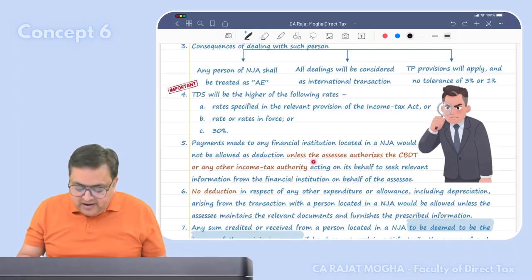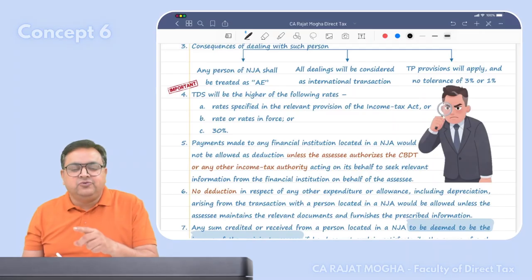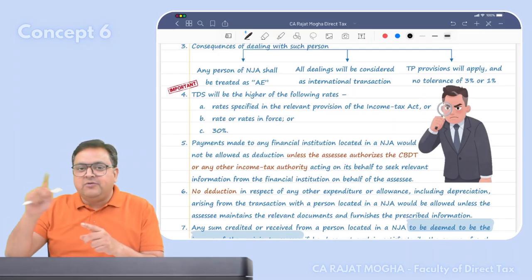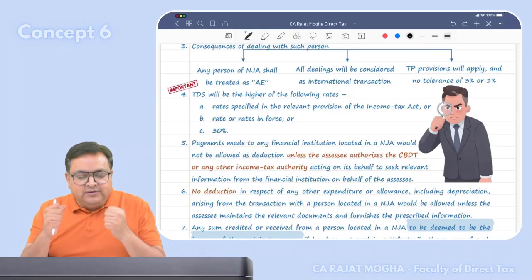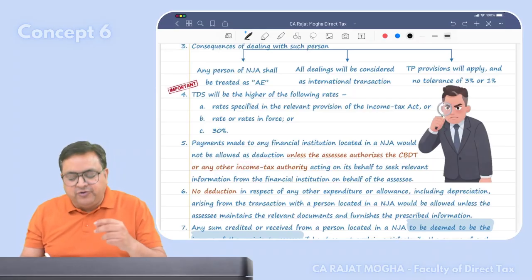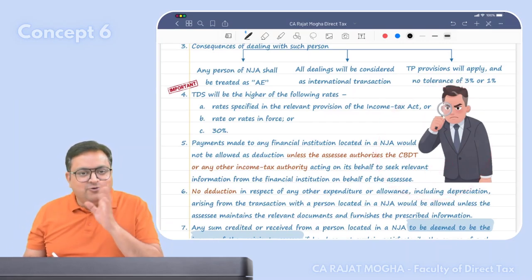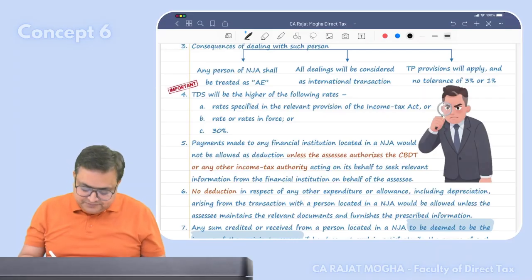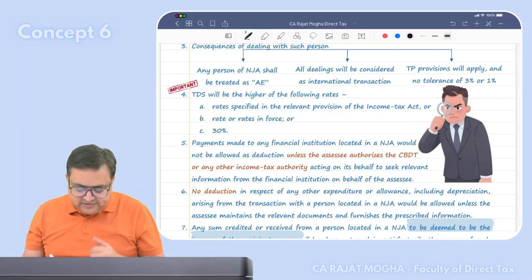Why? Unless the assessee authorizes the CBDT. The assessee has to do this because they will not give the information directly to the income tax department, so the income tax department needs power. The assessee will give the power of attorney to our assessing officer. He can call for the information.